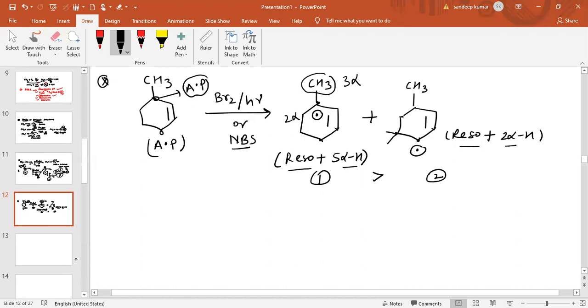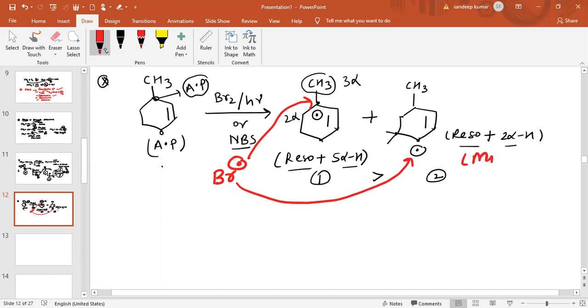Now see what happens. The major product obtained will be, so bromine will attack at the more stable free radical. So bromine prefers to attack at this position. Bromine will also attack at this position, but this will be the minor product, and this is the major product.